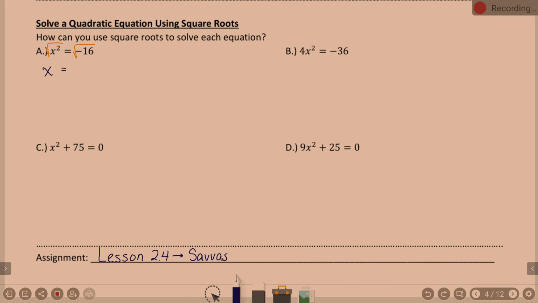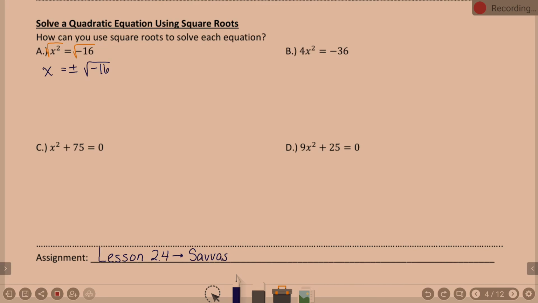Now, we're going to have to do the square root of negative 16, yes? I'm going to do that in the next step. What do I have to think about here when I take the square root in an equation setting? What do I have to put in front of that square root sign? Plus or minus. Okay, so this is going to be plus or minus whatever the square root of negative 16 is.